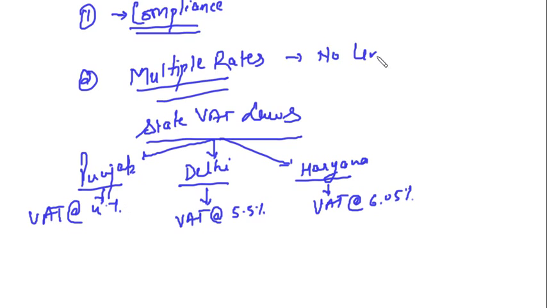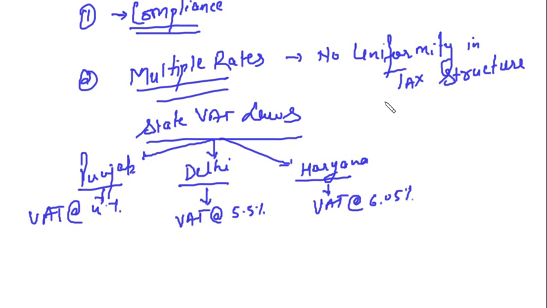So you can say the second reason for bringing GST in India was to bring uniformity in the tax structure. This was again one major reason for bringing goods and service tax to India: removing the multiple tax rates and bringing uniformity in the tax rates.